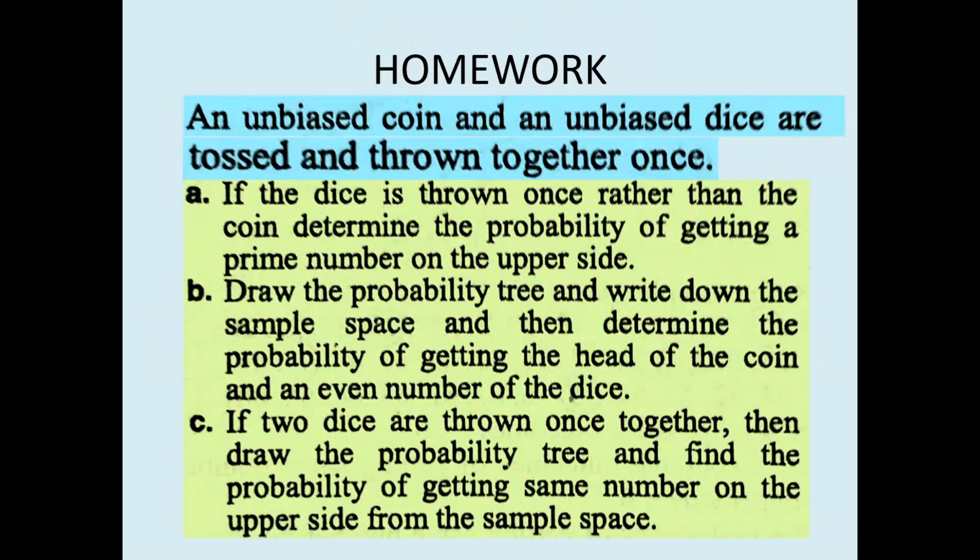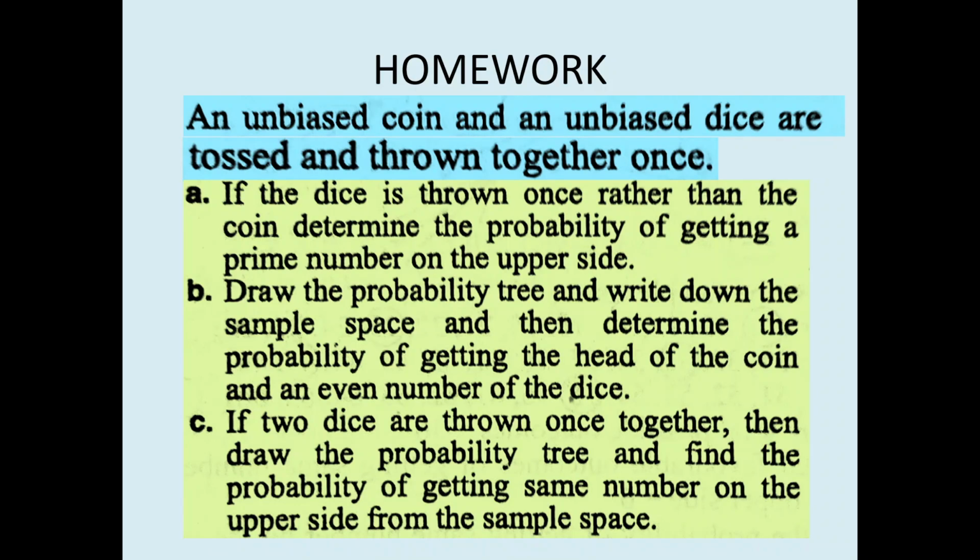Now dear cadets, homework. An unbiased coin and an unbiased dice are tossed and thrown together once. First question, if the dice is thrown once rather than the coin, determine the probability of getting a prime number on the upper side.